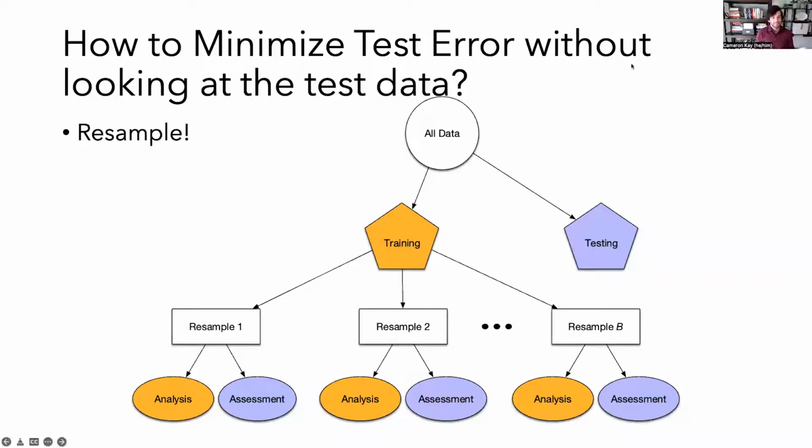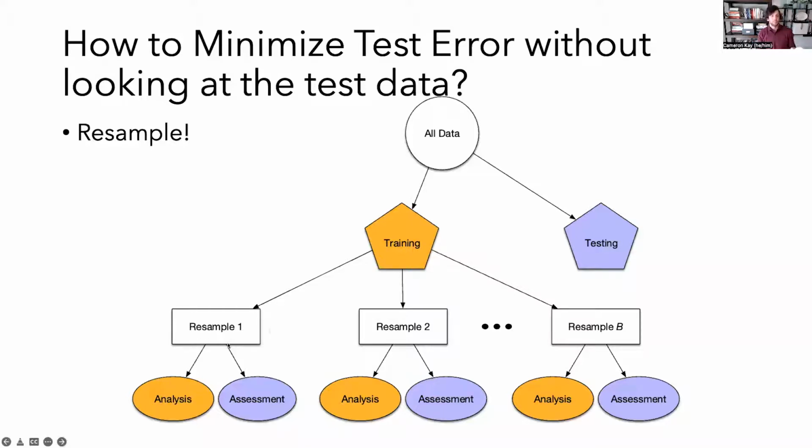So the idea, in the simplest terms, is that you have your training data set and you have your testing data set. You have this macro training set and you have your testing data set. Within the training data set, which is the data set we are training the model on, we are going to take different resamples of that training data set. We're going to take different parts of that training data set and split it up in different ways.